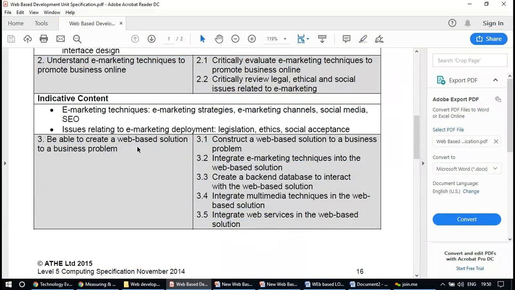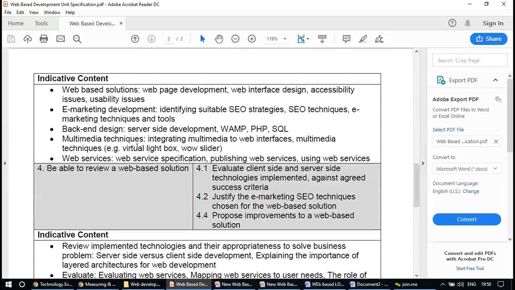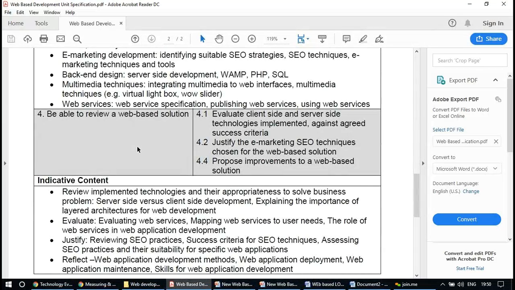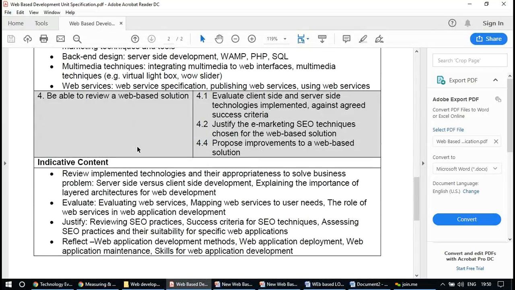Now the indicative content in LO4 is basically that you are required to review your solution. Unfortunately, we don't have any solution available at the moment, and we couldn't even implement the solution in LO3, isn't it?